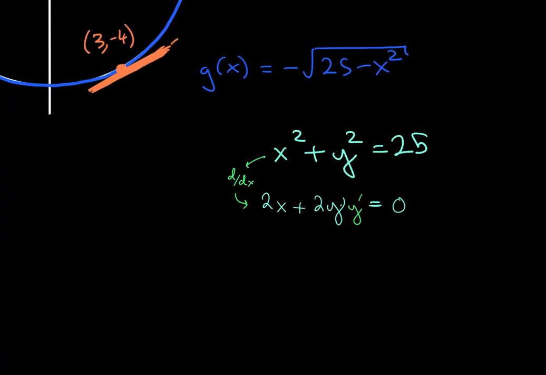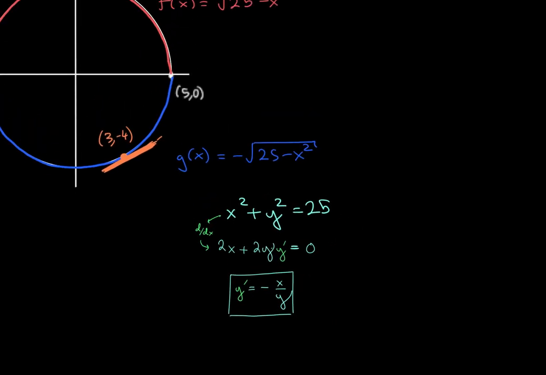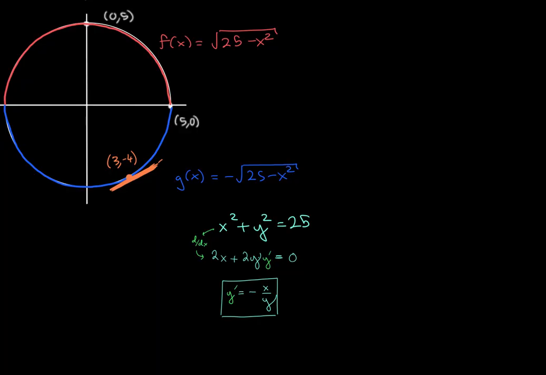Solving for y prime, what I get is that negative x over y is the equation of my slope. This is a slope machine. Notice it depends on y. So y could either be the f of x that we were just talking about or the g of x. In this case, it's going to be the g of x, but I don't really need to concern myself about the function because in this case I only need the slope of the tangent line at a particular point.